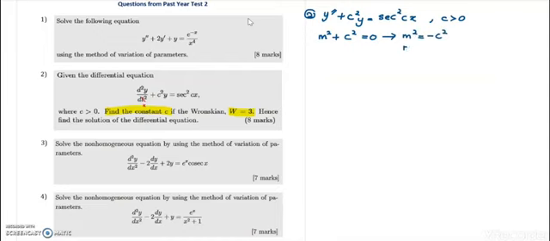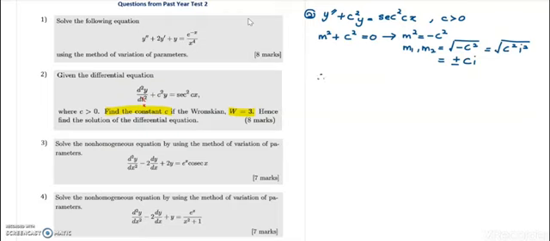So you will have m in the complex form. m1 and m2 is the square root of negative c squared, which is the square root of c squared i squared. So m1 and m2 can be written in the form of 0 plus minus ci.